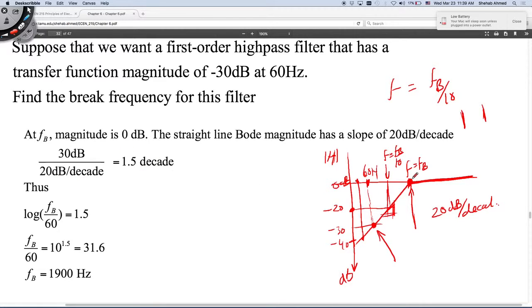So 1.5 decades before f equals fb, I have my magnitude equal to minus 30 dB. Right, so what are they asking for? Find the break frequency for this filter. So I know this is 1.5 decades.